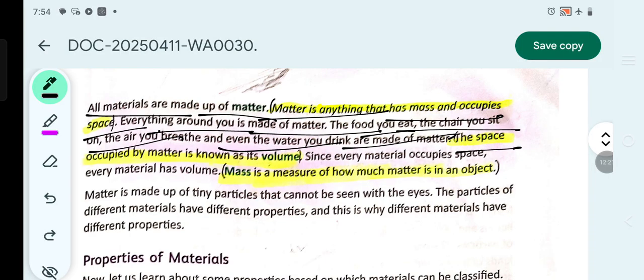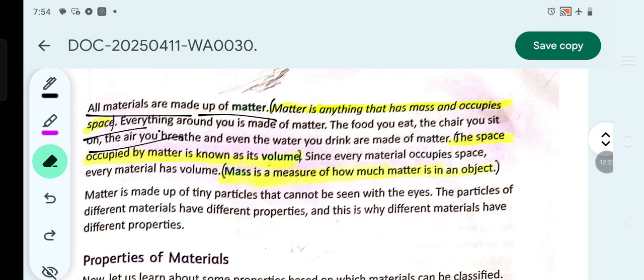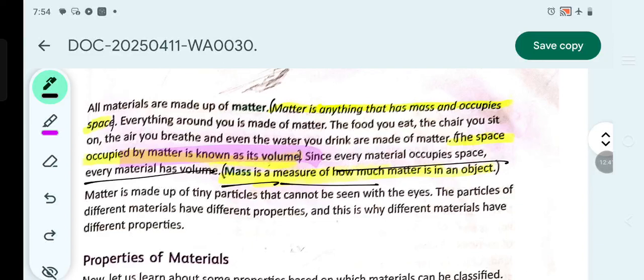The space occupied by matter is known as its volume. See what's volume? The space occupied by matter is known as its volume. Now, since every material occupies space, as we know, every material has its own volume. Mass is a measure of how much matter is in an object.